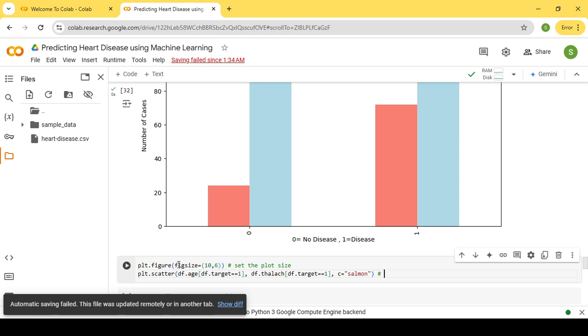So let's remind ourselves what this code was for. As we said, we'll plot the age value and the max heart rate, plus color.